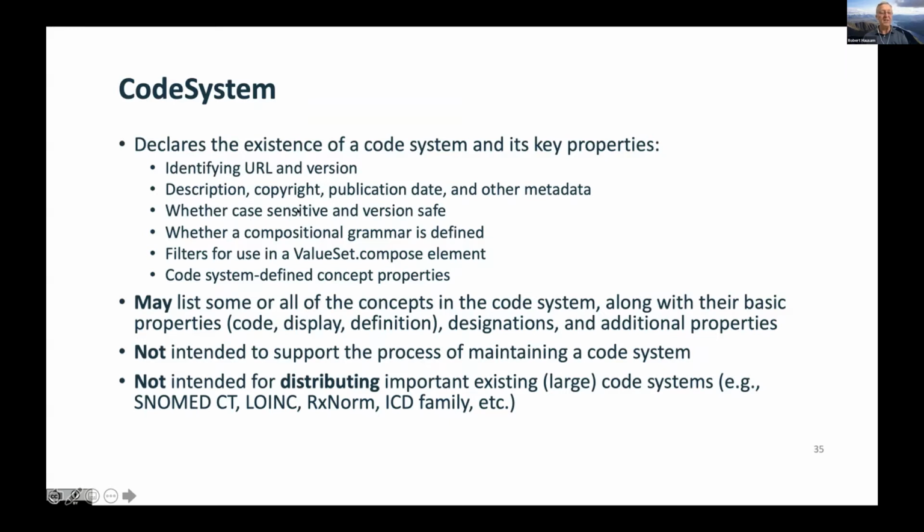Are the codes case sensitive or not? Are they version safe? Meaning, does the meaning of the code actually change from one release to the next? Some code systems have done that in the past. We're trying to ensure that code systems don't do it in the future, but some may still do it. Some code systems can be a little more sophisticated, particularly something like SNOMED CT, which has a compositional grammar and can define expressions, and this can tell you whether that's the case or not.